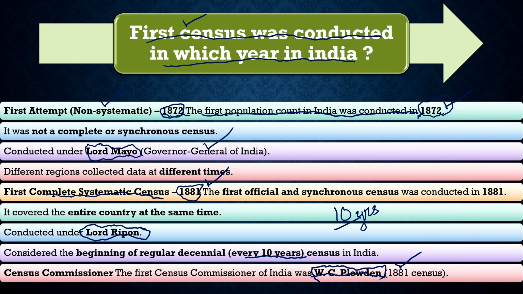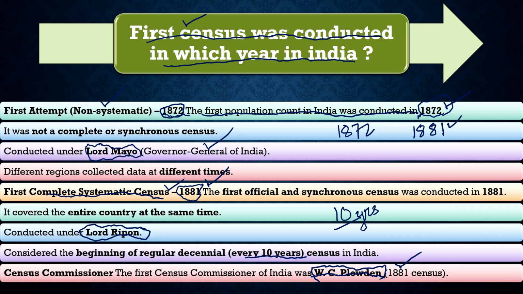Remember this one. And it was conducted at different times, in different regions, and the first complete systematic census was conducted in the year 1881. So remember that: 1872 and 1881.